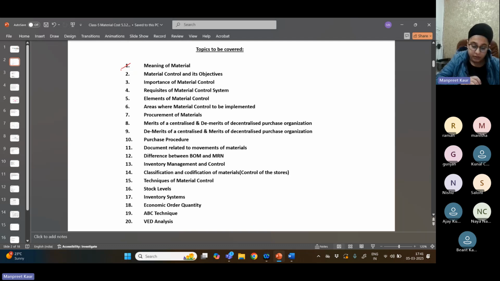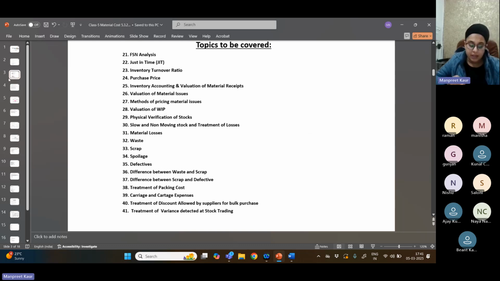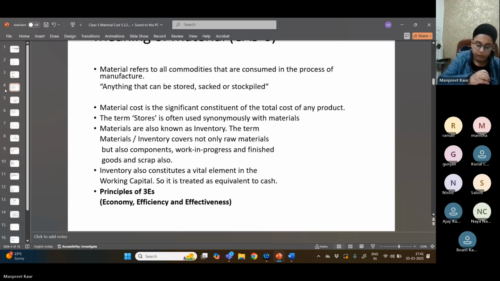We will discuss purchase procedures, documents related to movement of material, what is the difference between BOM and MRN, each and every topic I will cover. Next is FSN analysis, just in time, inventory turnover ratio, purchase price. These are the topics from your module.